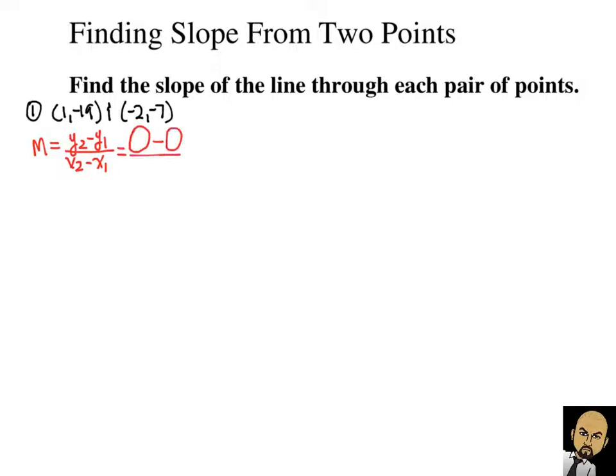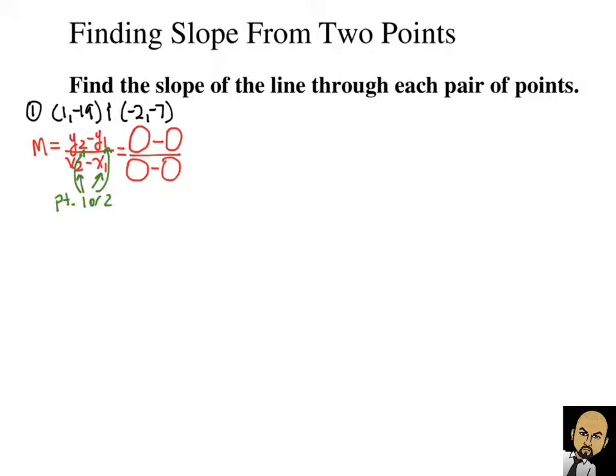Now, next thing you want to do is draw what I call dumbbells. These dumbbells are going to help you get your values organized. If you take a look at the slope formula, you have y2, y1, x2, x1. That means you're going to have 2 points, point number 1 and point number 2.